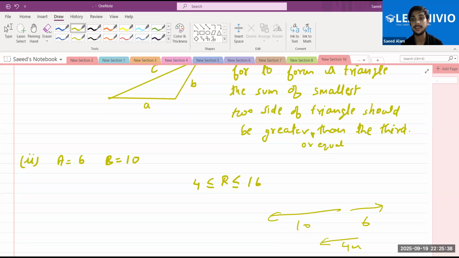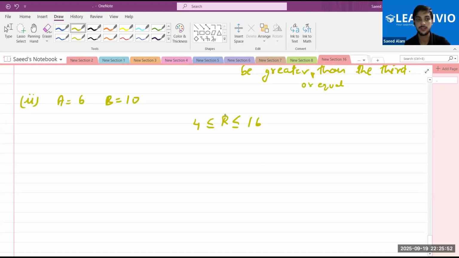But these were the easy cases that I had asked you. If I ask you what should be the angle between A and B so that the resultant should be 12, that we had taken the case here. Understood? And did you get my question, what I'm asking you here? Yes.